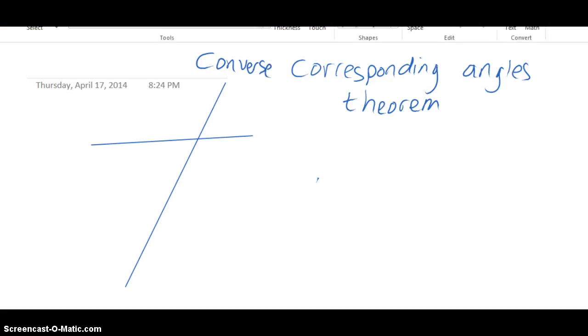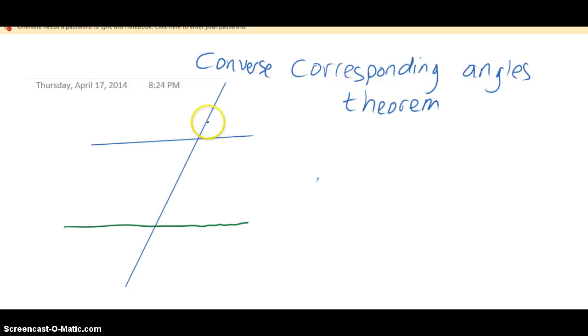And what that says is that if we have two lines like this where the corresponding angles are congruent, then that means these two lines have to be parallel. So you can see why that's the converse.